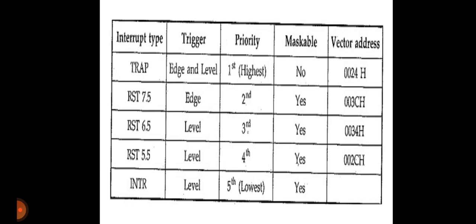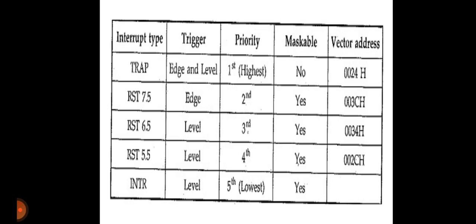Then the next one is the summary of all the interrupts. The first one is the TRAP interrupt. This is edge and level triggered and the priority of this interrupt is first. It is not maskable and the vector address is 0024H. Then the second one is RST 7.5.